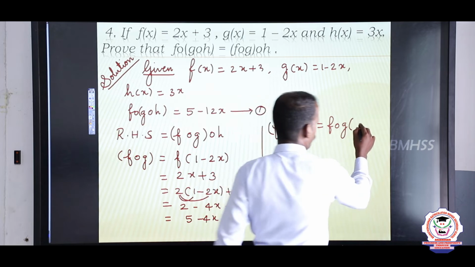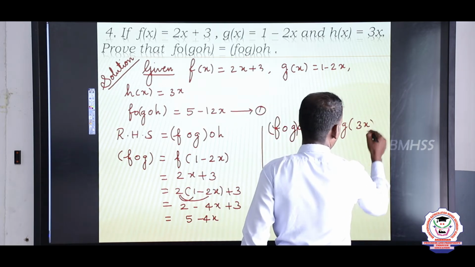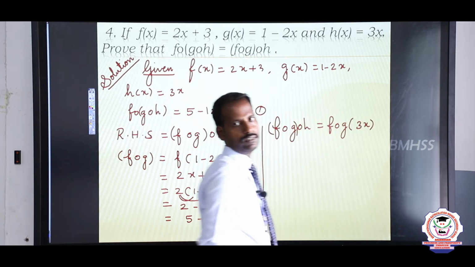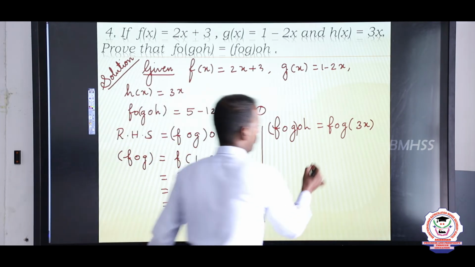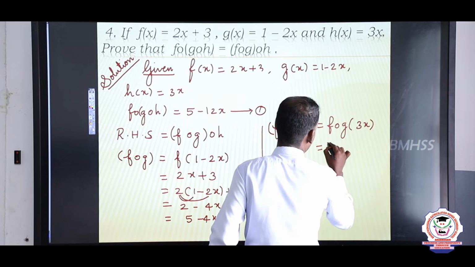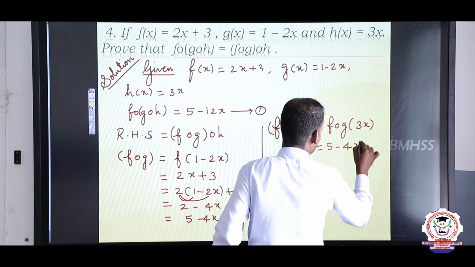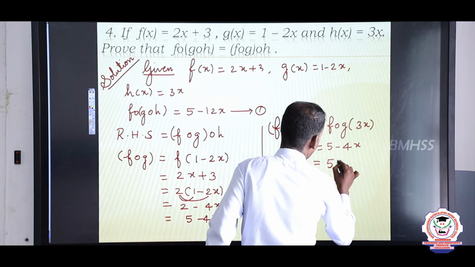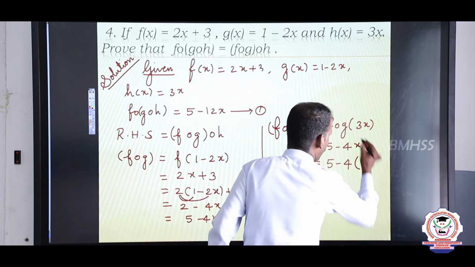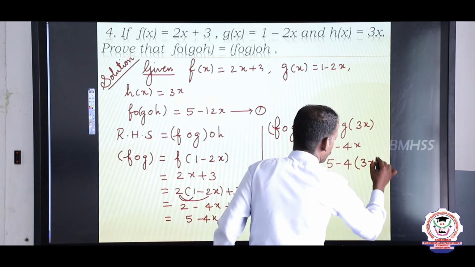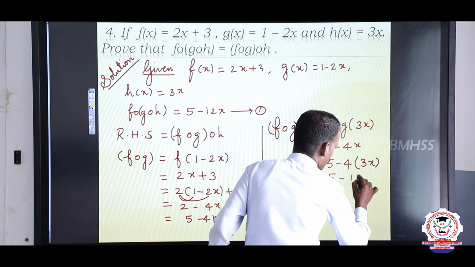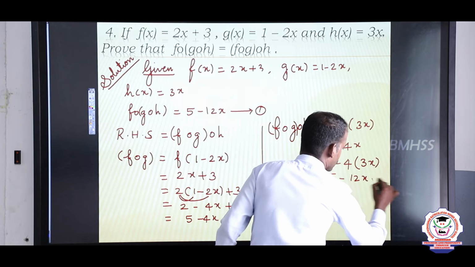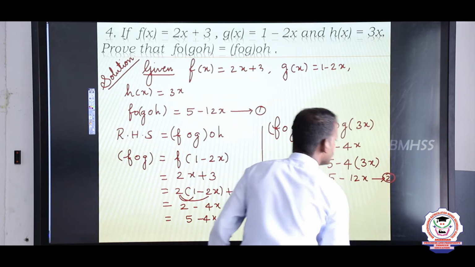So 3x you substitute in f∘g. What is f∘g? f∘g is 5 minus 4x. So you have to substitute 5 minus 4 into what is the x value? 3x. Then 5 minus 4 into 3, 12. So 12x. Equation number 2. This is the second equation.